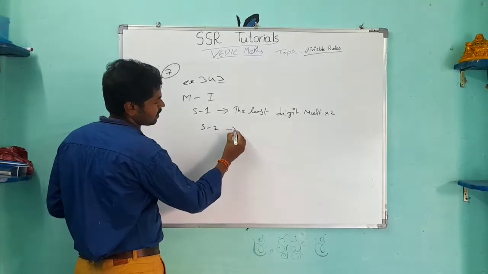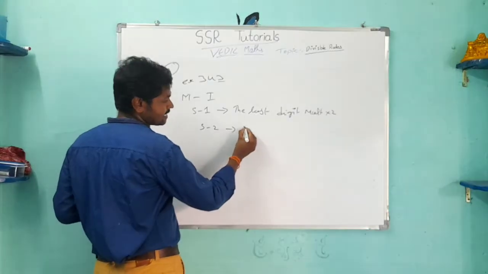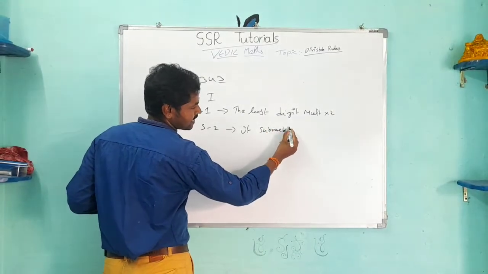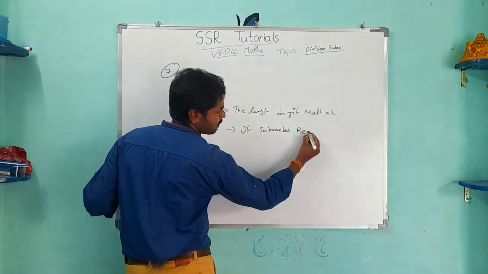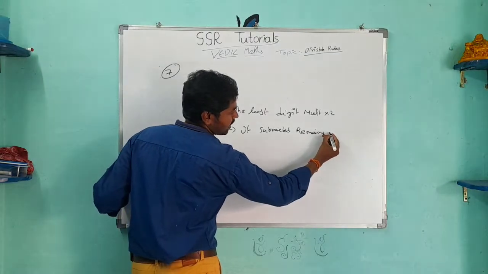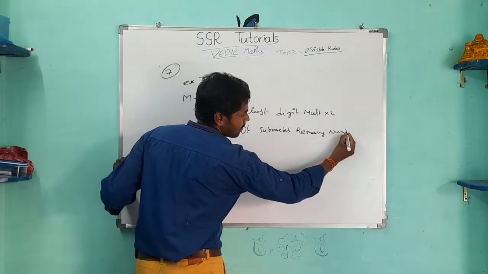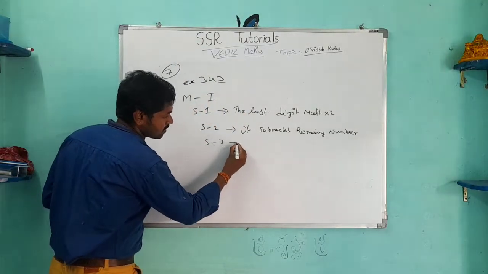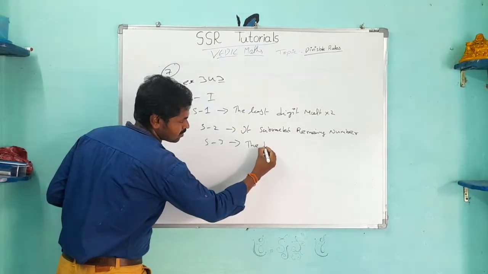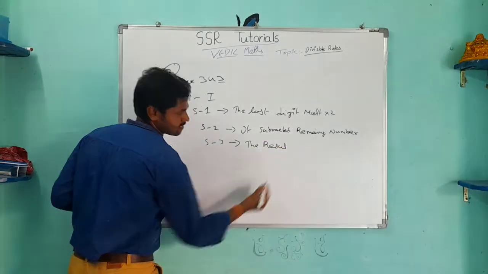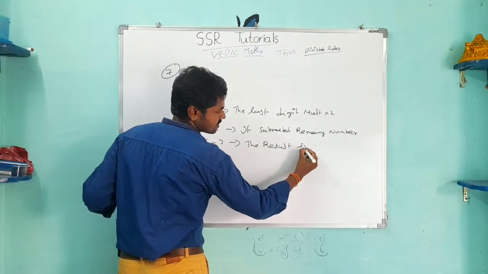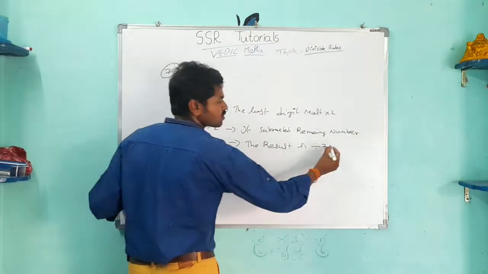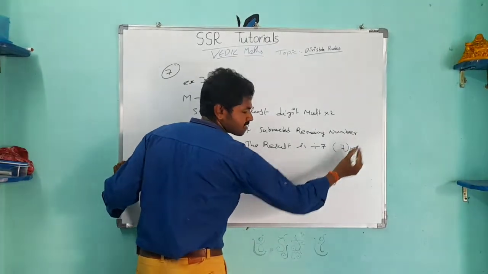Step 2: it is subtracted from the remaining number. Step 3: if the result is divisible by 7, the total number is also divisible by 7.